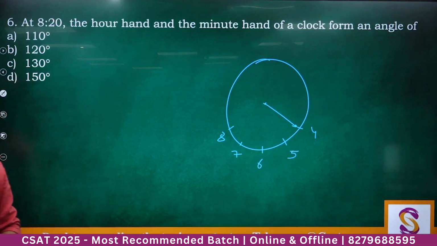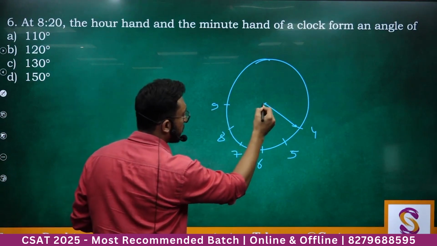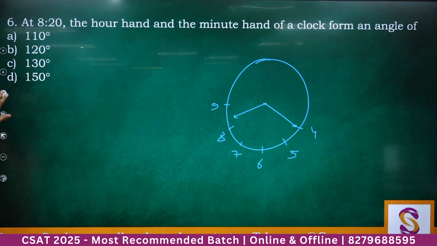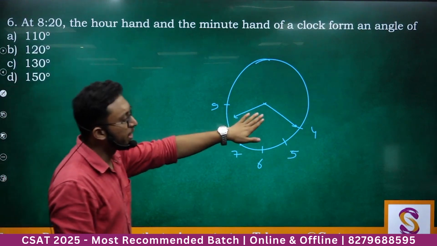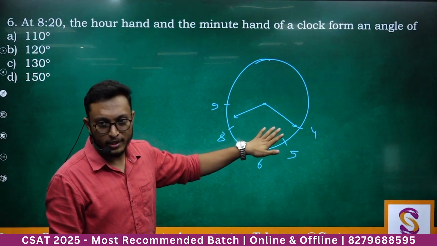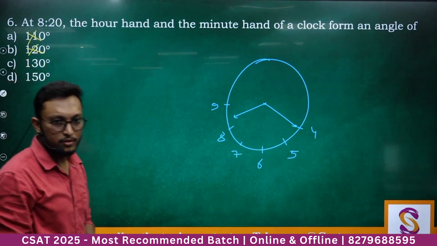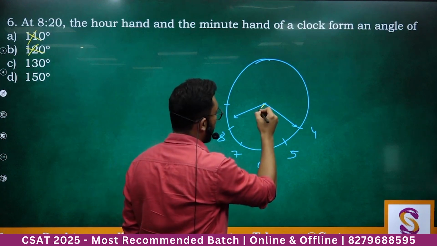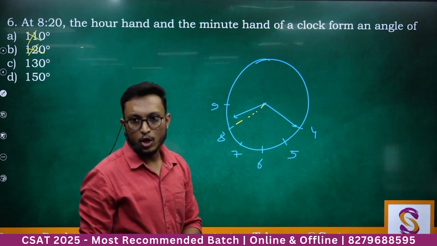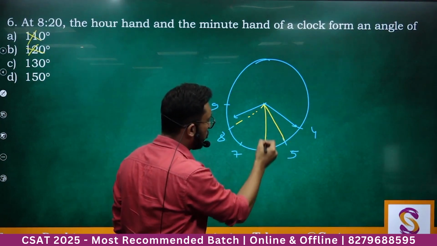Hour hand will be slightly past 8 somewhere here. ठीक है, hour hand यहाँ होगा. अब tell me, is this angle greater than 120 or less than 120? Greater than. Greater than, तो how can answer be 110 or 120? See, जिसको नहीं समझ में आ रहा अभी, from 4 to 8, what is this angle? How many sectors I have covered? 1, 2, 3 and 4.